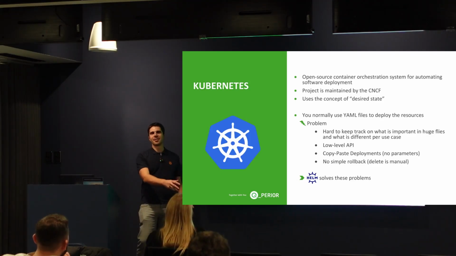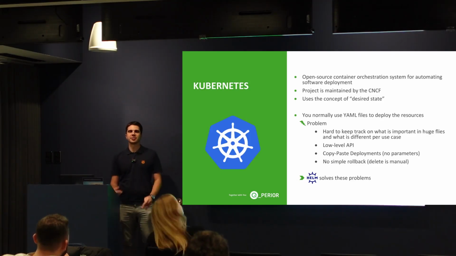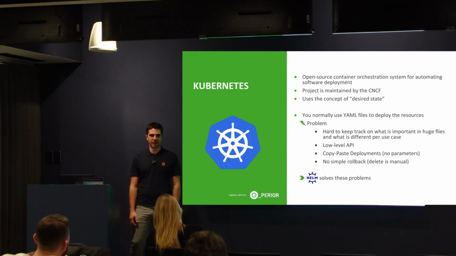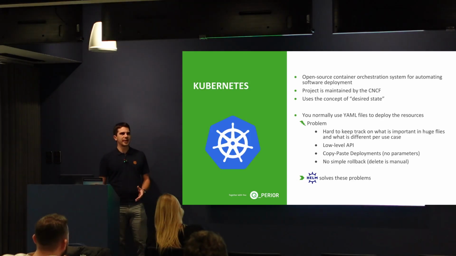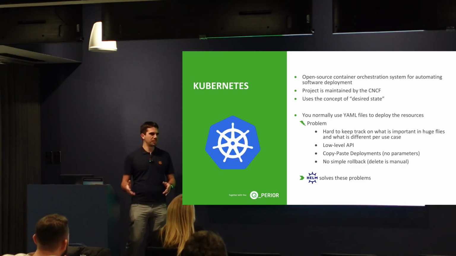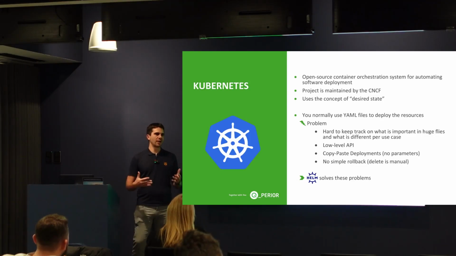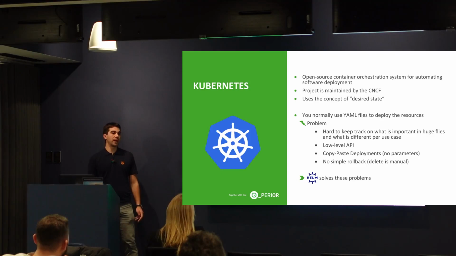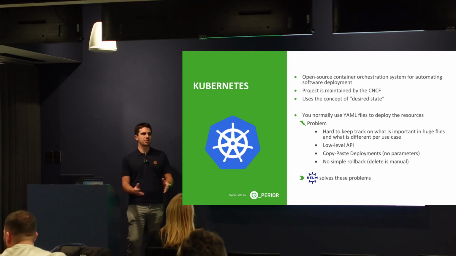They already have one deployment, then they want something else deployed. They just copy-paste and then change the things they want changed for the new deployment. And then you don't know, are some changes really intended, or were they just copy-pasted? Because you don't have an abstraction level that always fits. And also the rollback can get a little bit hard. When you have many resources, you don't know if you want to go back.